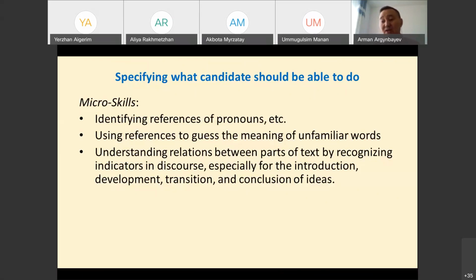For example, students can find out the conclusion by finding a linking word like to sum up. By doing so, we actually also teach our students not only to read, but also to write, because they're exposed to an example of how to write. And we encourage our learners to use those linking words.